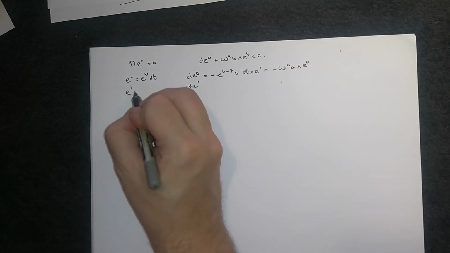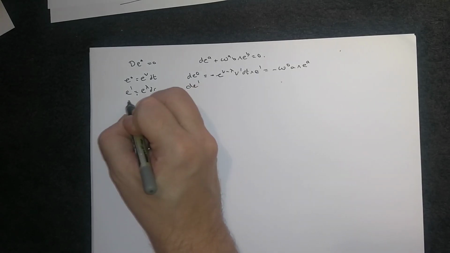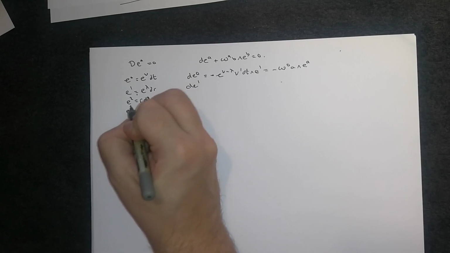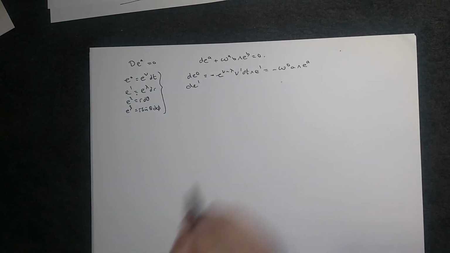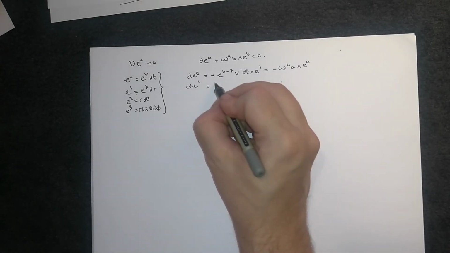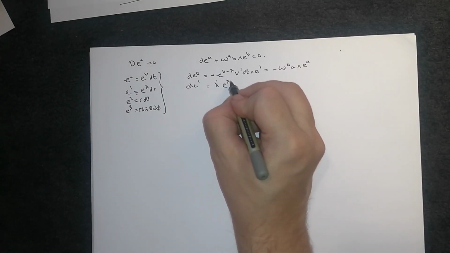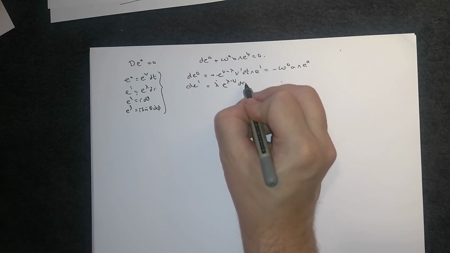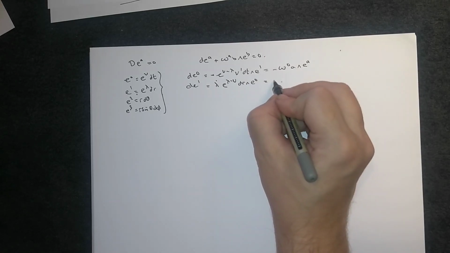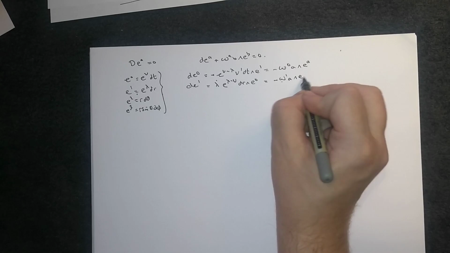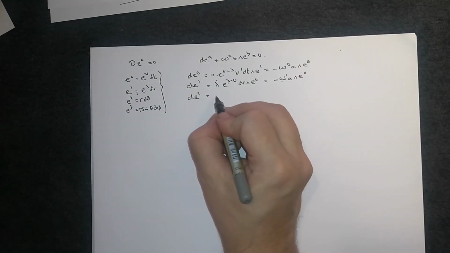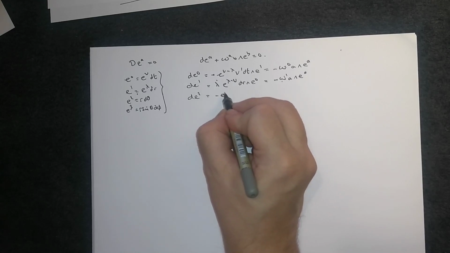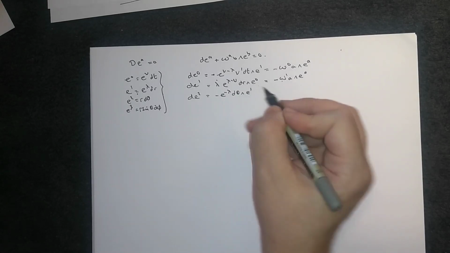DE1. I should have written these things out. E1 is r sin theta d phi... that thing is lambda dot e to the lambda minus nu dr wedge E0, which is minus omega 1 a wedge EA. DE2 is dr wedge d theta, which is minus e to the minus lambda d theta wedge E1.